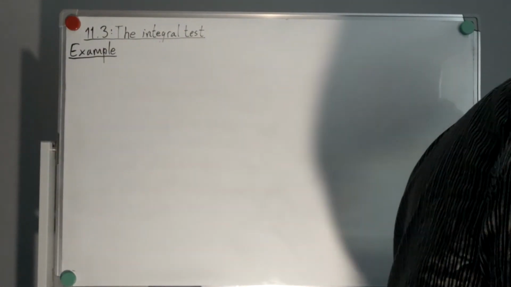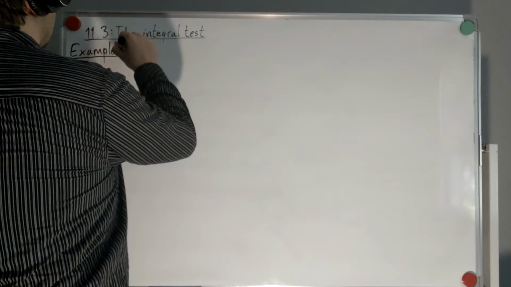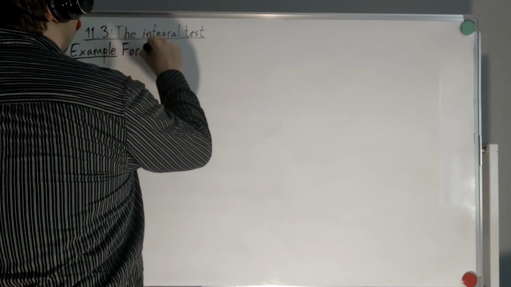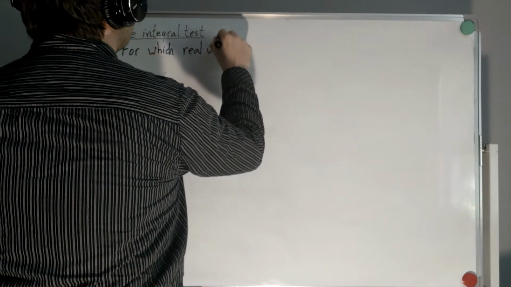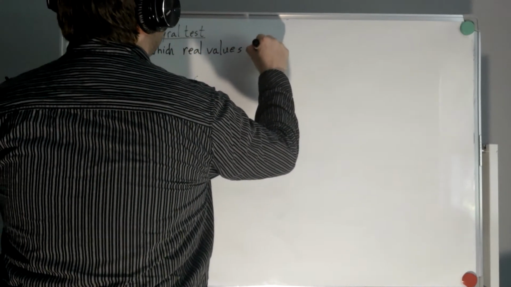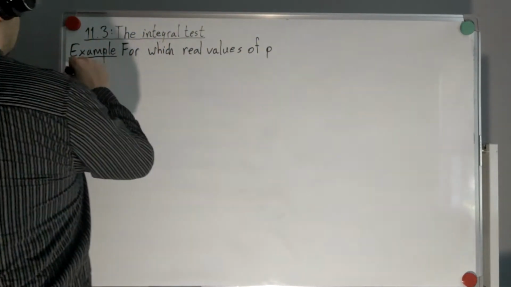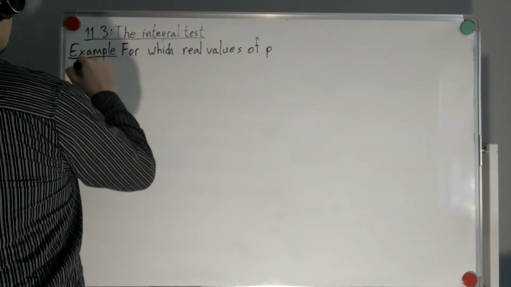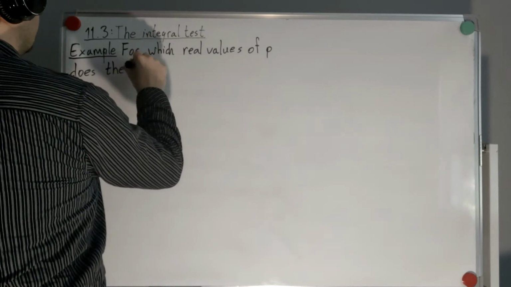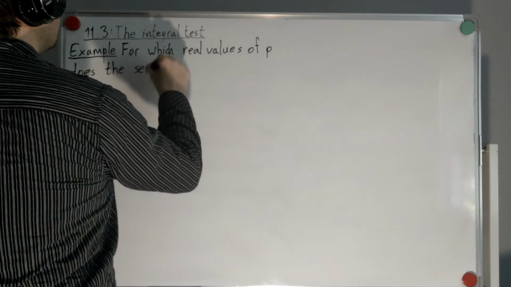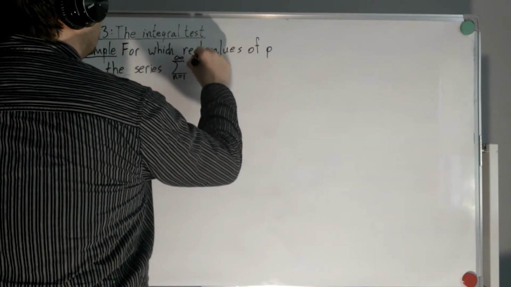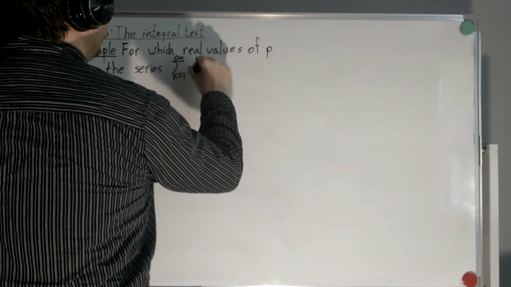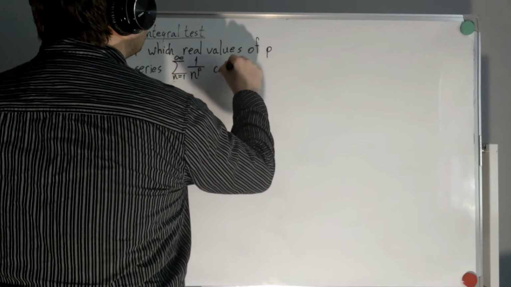For which real values of p does the series sum from n equals 1 to infinity of 1 over n to the p converge?